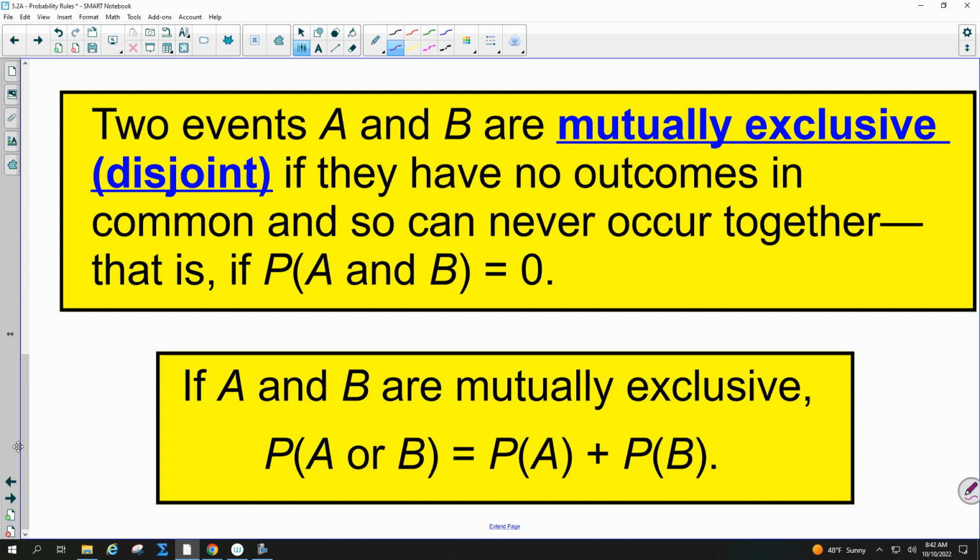So two events, A and B, are mutually exclusive if they have no outcomes in common, so they can never occur together. And you might add this little formula in because sometimes you'll see this, meaning the probability of A and B equals 0. And this and means like both at the same time.